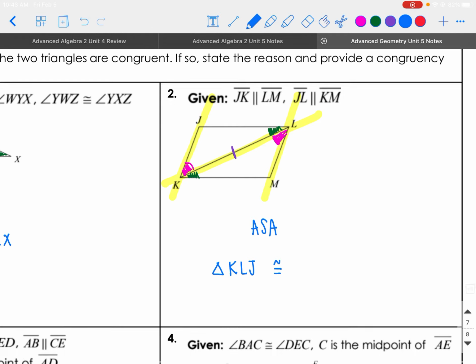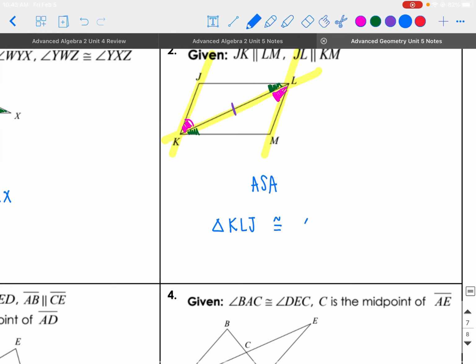KLJ is congruent to triangle. Well, angle K was the one that was pink. So in my other triangle, the one that's pink is L. And then, in my first triangle, over here, L is green, so it's congruent to K. So basically, I went pink, green, blank. Pink, green, blank. So LKM.